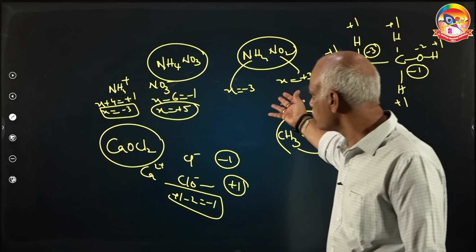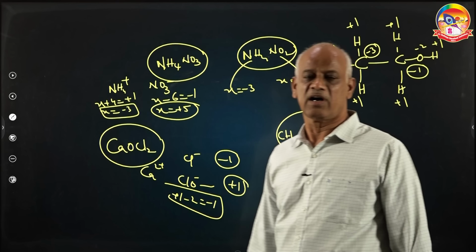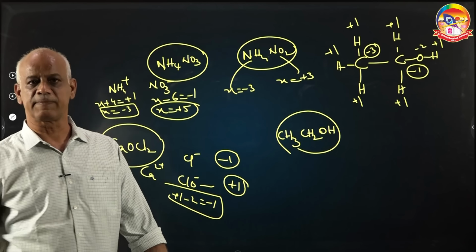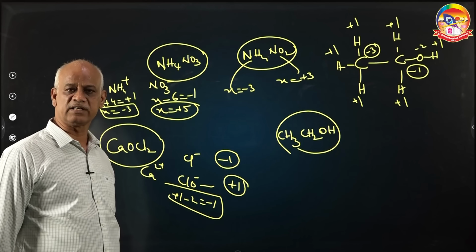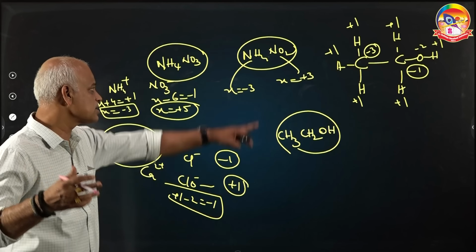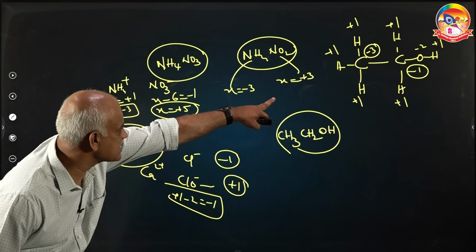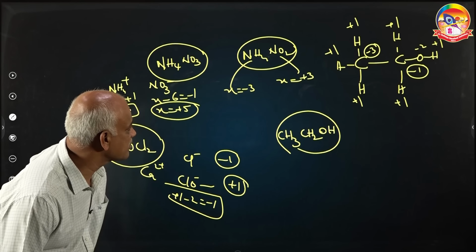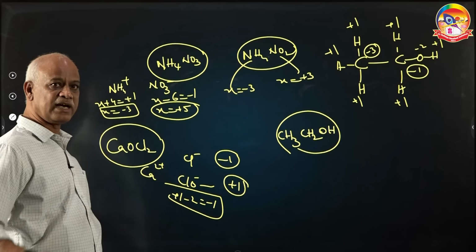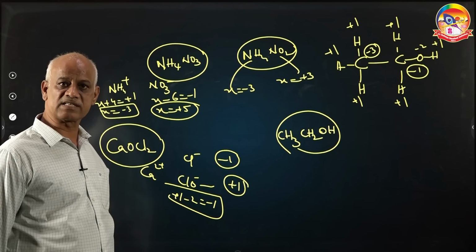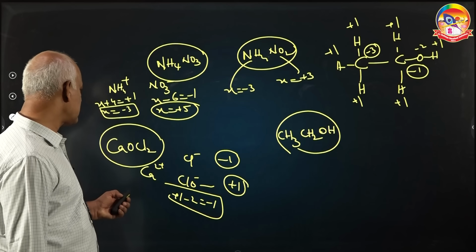This is how you can actually calculate the oxidation state of carbon atom in different molecules. In the same molecule, one carbon has -3 state, the other has -1 state. You can calculate. Also, there are some other examples.